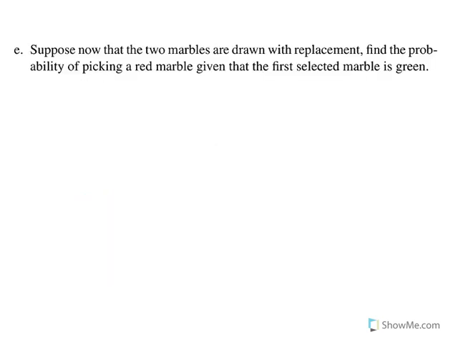Now, the last part of this question is a little different. Suppose now that the 2 marbles are drawn with replacement, it says. With replacement means that you take a marble and then you return it back. So the question is, find the probability of picking a red marble given that, so it's a conditional probability, given that the first selected marble is green.